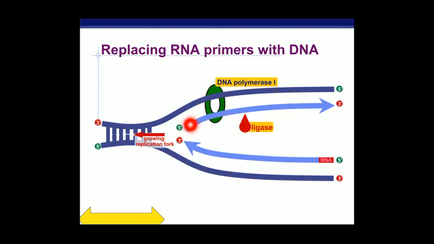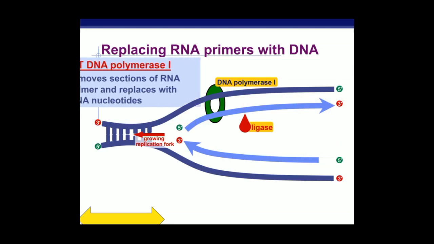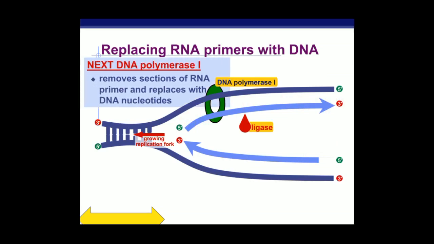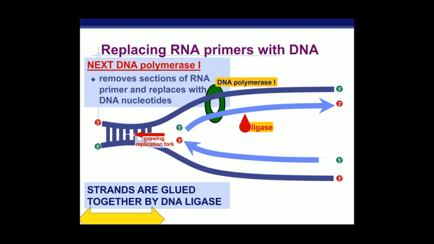Now there is no RNA primer, correct? Very clear. Here also you can see. Very good. Now next, DNA polymerase 1 removes the section of RNA primer and replaces it with DNA nucleotides. Very clear, guys. Strands are glued together by DNA ligase. Very clear, guys.